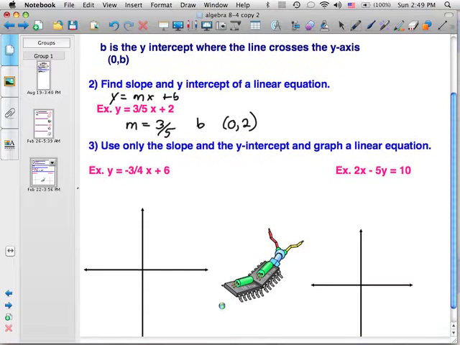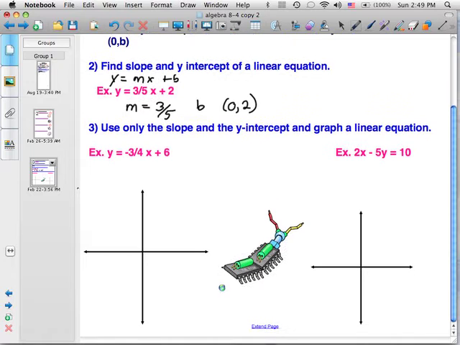Using only the slope and the y-intercept, graph a linear equation. We'll start with your point, your y-intercept, which is 0, 6. So we plot the point 0, 6, x is 0, y is 6. And then we use the slope, which is negative 3/4, to figure out the line.